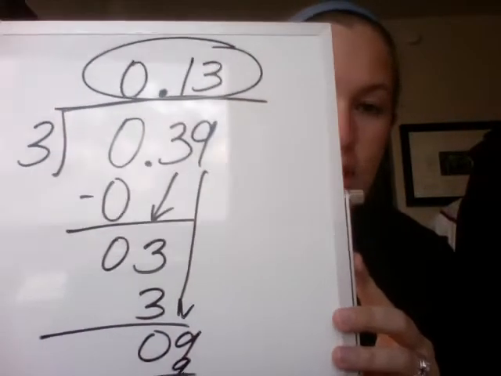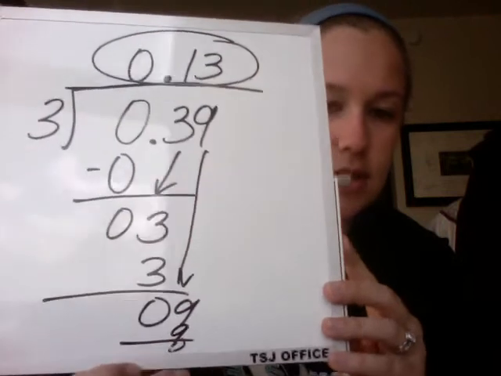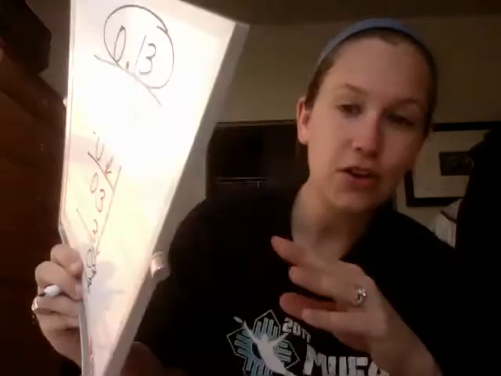Here I got the answer 13 hundredths. Okay. So we got that, great. If not, try again and then chat with the parent. Okay, let's do B. 84 hundredths divided by 4. Pause me if you need to.